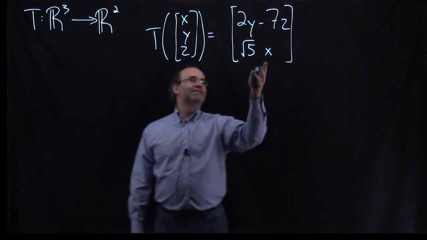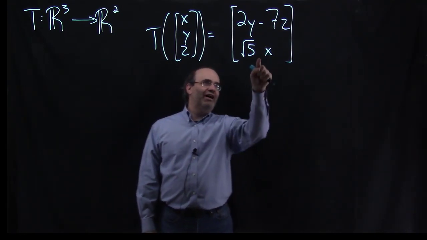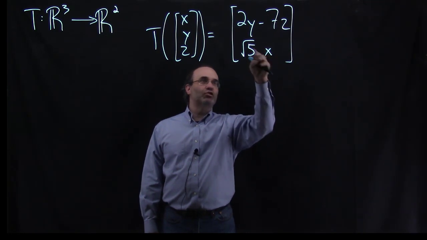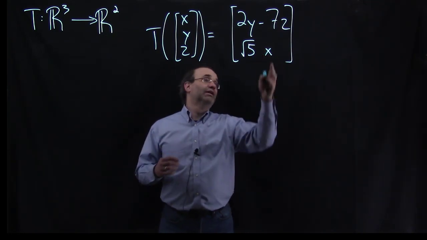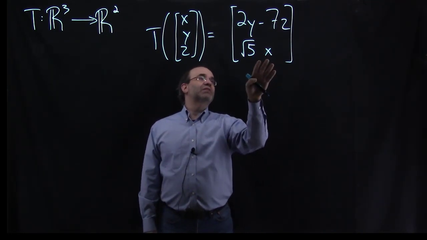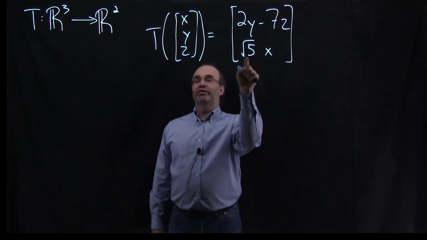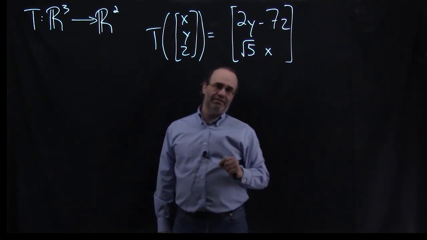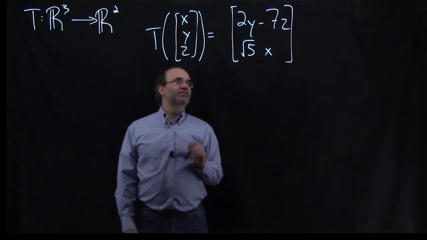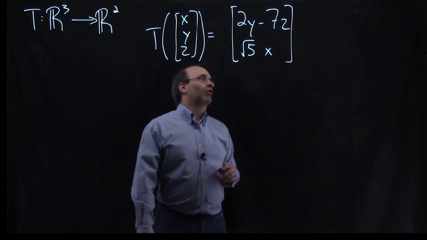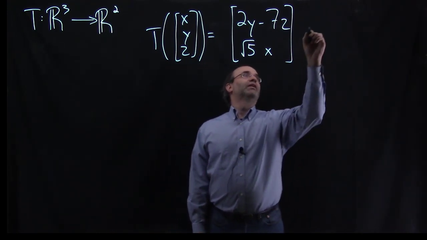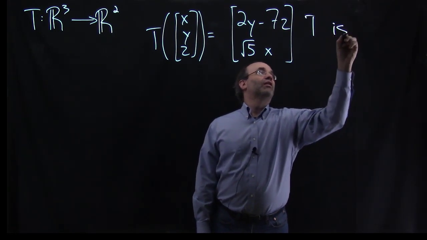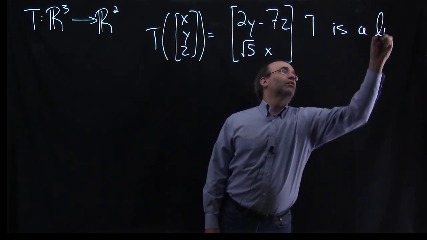If I add a square root of x or square root of absolute value of x, then this would not be linear. But the square root is just on the 5, not on the x, so it's not going to cause any problem. So I'm claiming that here T is a linear transformation.